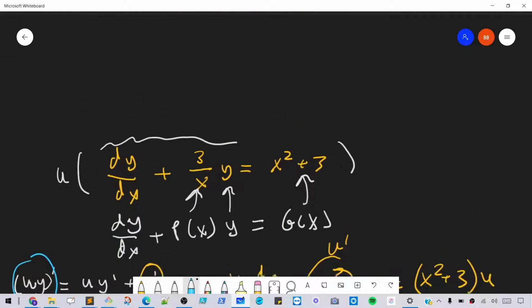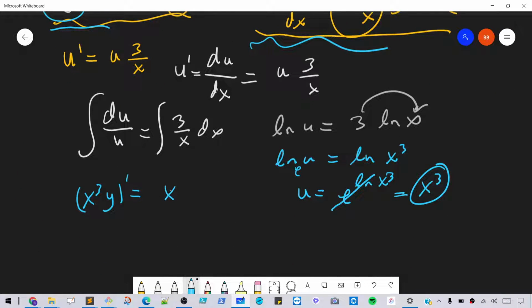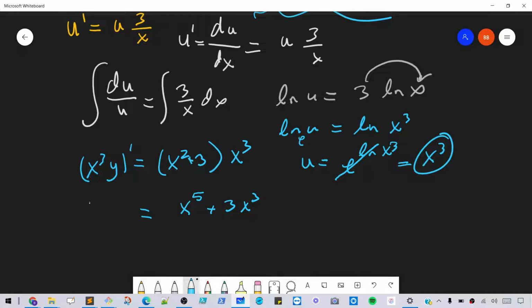I forget already. Oh yeah, x squared plus 3. So we have x squared plus 3 times x cubed. We can just multiply this out. So we're going to have x to the 5th plus 3x cubed. And we'll just bring this down.